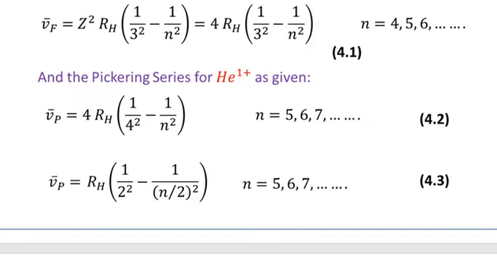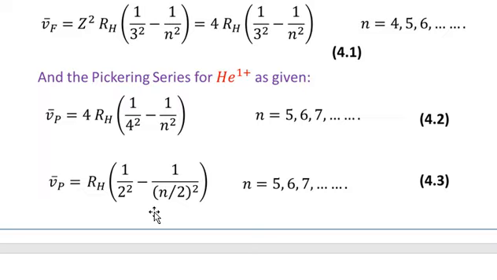We can also modify formula 4.2 in a more appropriate form as given in equation number 4.3. So the wave number for the Pickering series, nu bar P, is equal to RH, and the factor 4 which appears on the right hand side in equation 4.2, I have multiplied inside the parentheses, and the parameters in the parentheses could be written as 1 over 2 square minus 1 over n by 2 square.